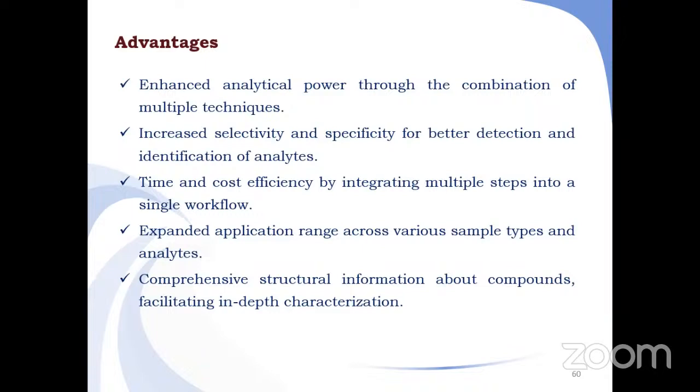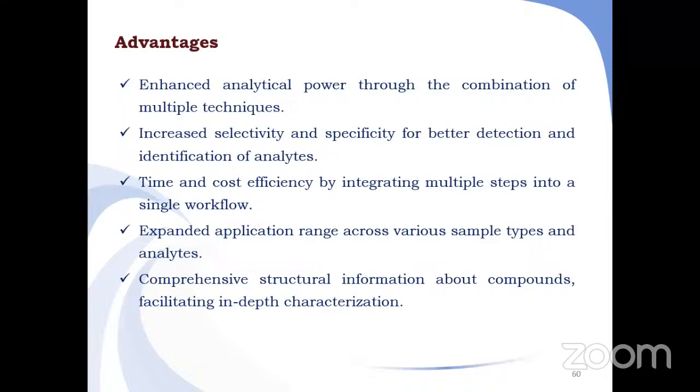Expanded application range across various sample types and analytes. Depending upon the sample type and the analyte, we are expanding the application range, with comprehensive structural information about the compounds, facilitating in-depth characterization.